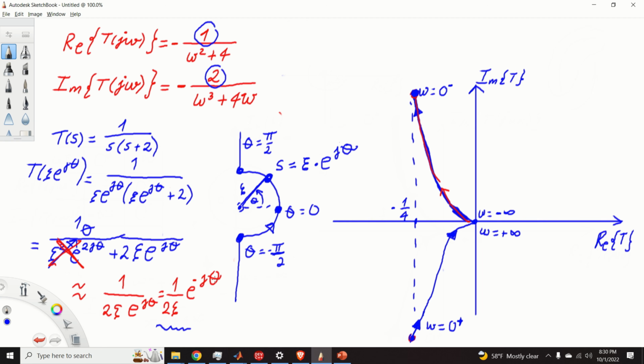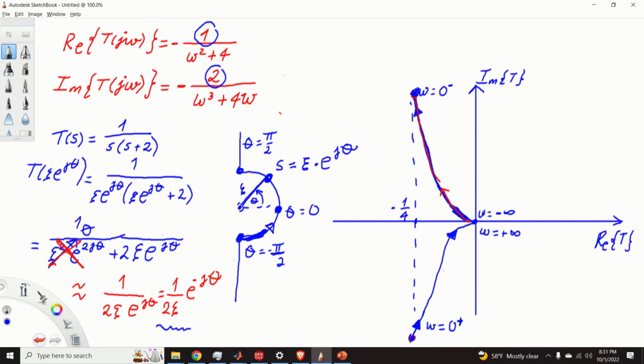When theta is equal to 0, the phase of this complex number is equal to 0. So what happens is that when we go along this way, our theta goes from minus pi over 2 to 0, which means that in this graph, the phase goes from pi over 2 to 0.